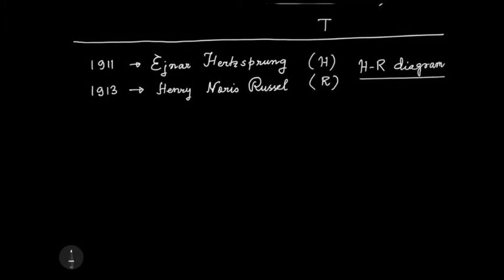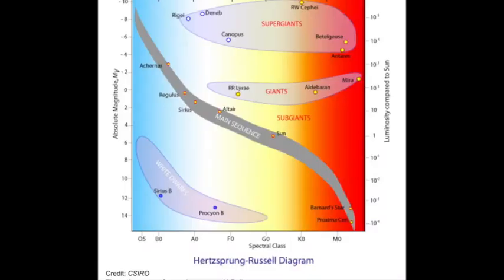So they could measure the effective temperature and the luminosity, or the other way, the B minus V color and the V band magnitude, and then they plotted these diagrams. This is what they saw.